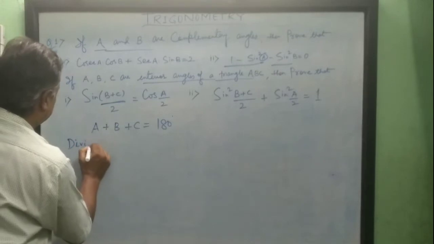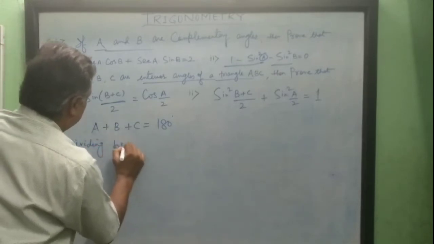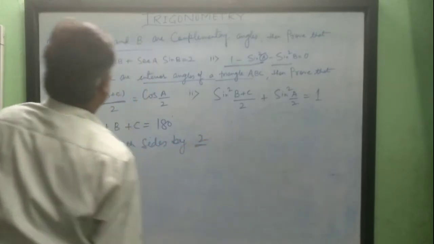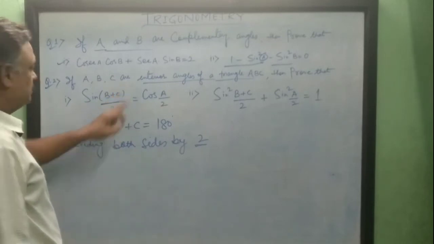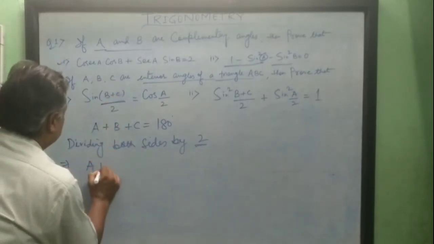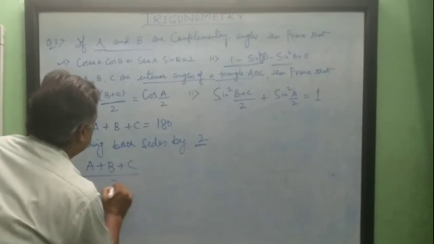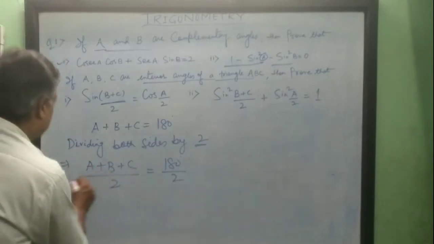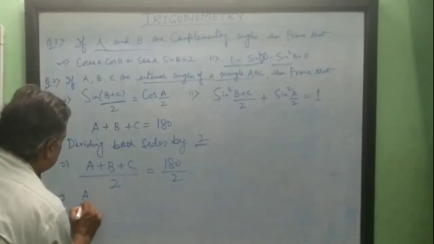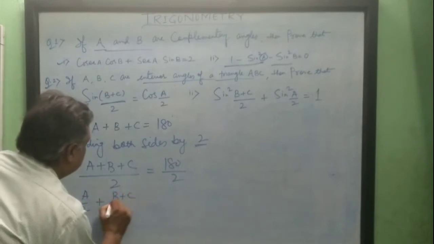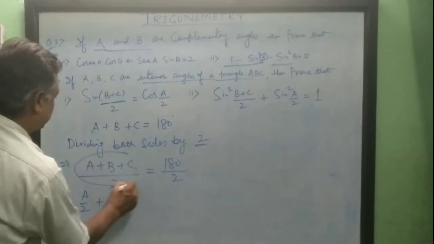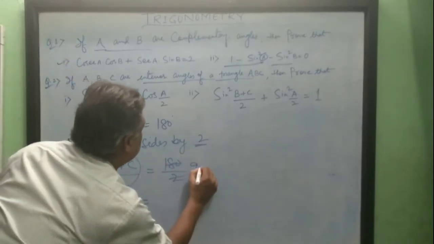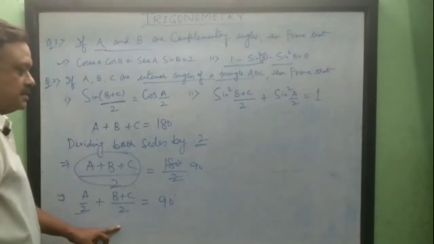Dividing both sides by 2, as we have to find out the value of B plus C by 2. It means A plus B plus C by 2 is equal to 180 degree by 2, and this means A by 2 plus B plus C by 2 is equal to 90 degree.